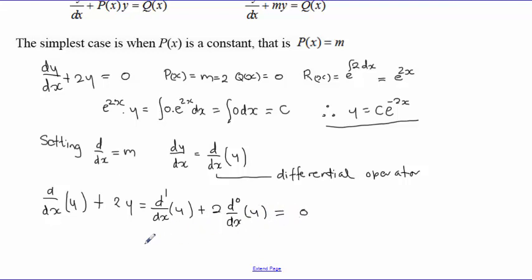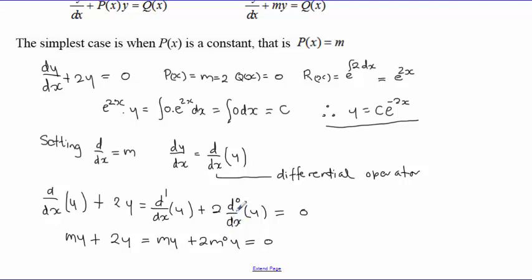So after setting d/dx equal to m, you can simply write this as my plus 2y, and then in this version, m to the power 1 y plus 2 m to the power 0 y equals 0. But we can do some kind of similarity.